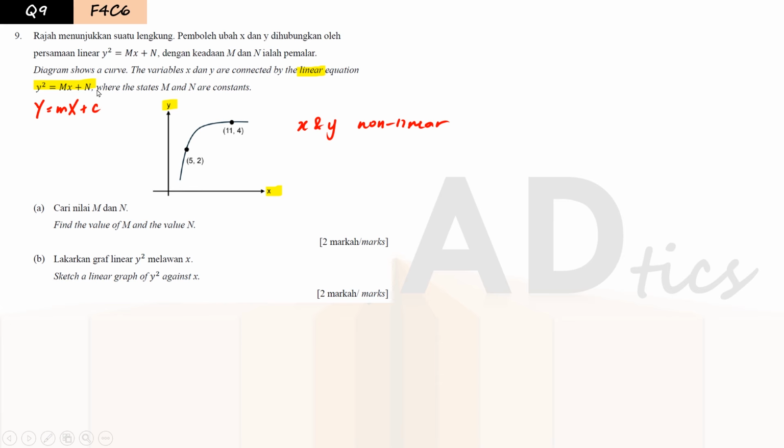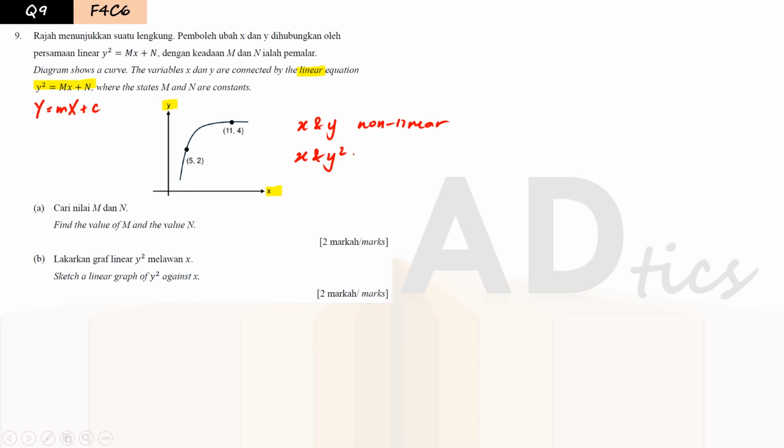Then we can compare this equation and this equation. If we look at the x-axis, here it's still the small x, so this doesn't change. But if we look at the new y-axis of the graph, it has changed to become y squared.